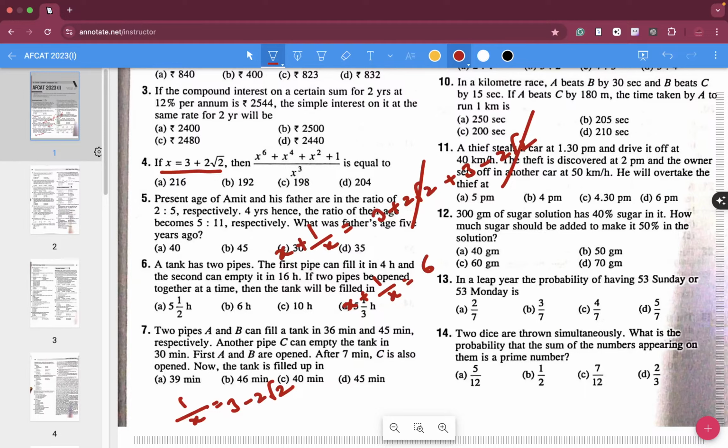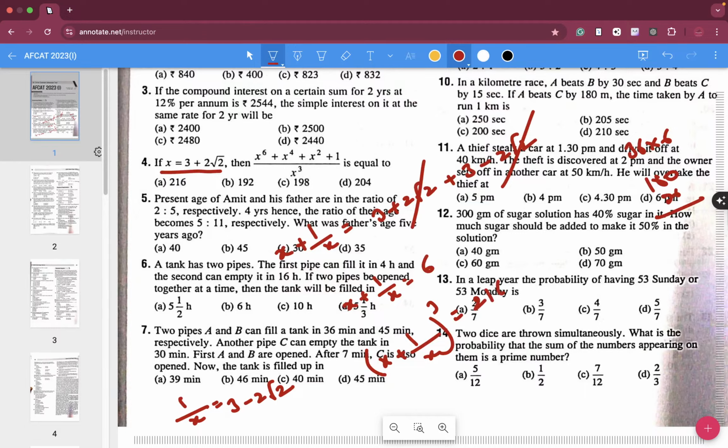Okay, so now if I do whole cube over here, x plus 1 by x whole cube is equal to, what is the 6 cube? 6 cube is 36. 36 into 6, right? 36 into 6 is how much? 180 plus 36.